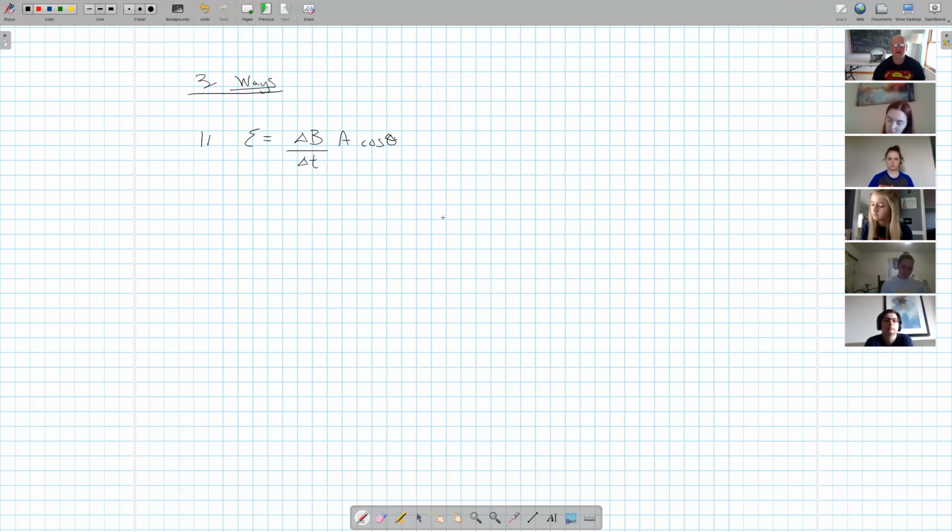So let's say I had a coil of wire and I put a magnetic field inside of it, say pointing in this direction, and I change the strength of the magnetic field over time. So basically, this magnetic field is time dependent. I'm going to increase or decrease the strength of the magnetic field. This is the first way this can happen.